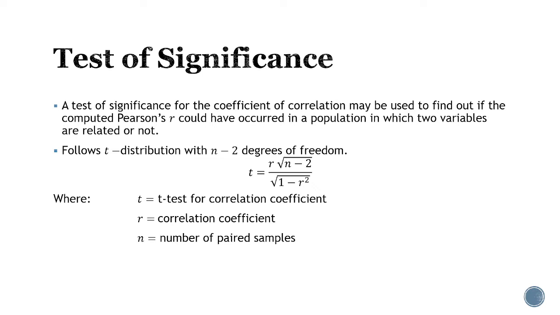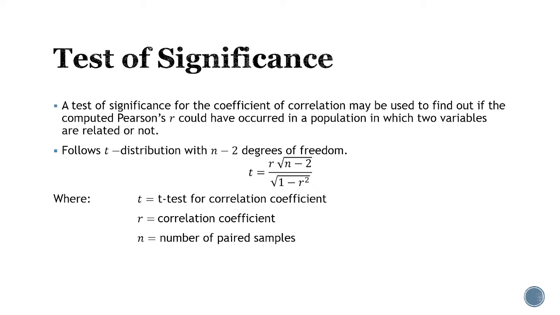Last time, we were only looking at whether the samples we took had a direct correlation, the perfect positive or negative correlation. But for the test of significance, we will look at whether the samples you got can represent a whole population.